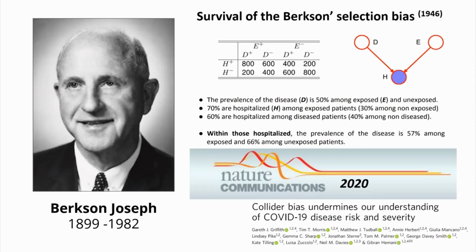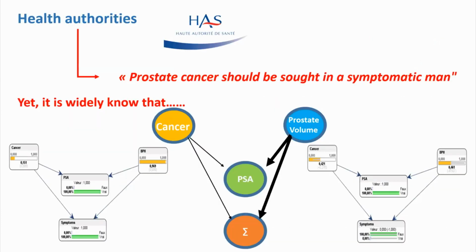This bias was formalized by Berkson in 1946, but this bias is present in medical publications, and you can see a warning in Nature Communications during the COVID pandemic period, with the increase of publications with this type of bias, in terms of prostate cancer.